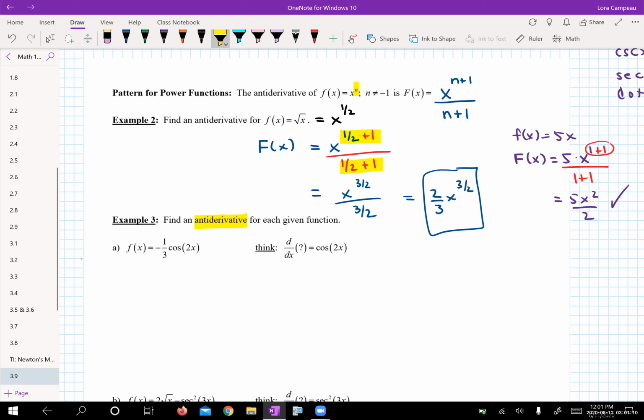If we're finding an antiderivative, we have to figure out what the function was before you took the derivative. So again, you're going to ask yourself, okay, the derivative of what is cosine 2x? And because the argument is a little more complicated than just an x, we want to use one of our techniques from earlier, where we think about what our starting function is.